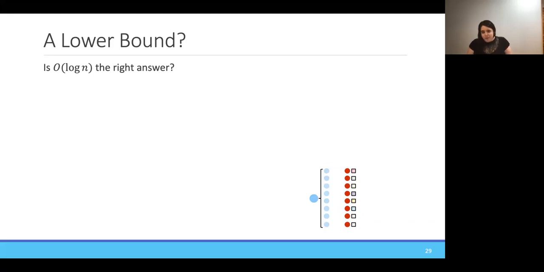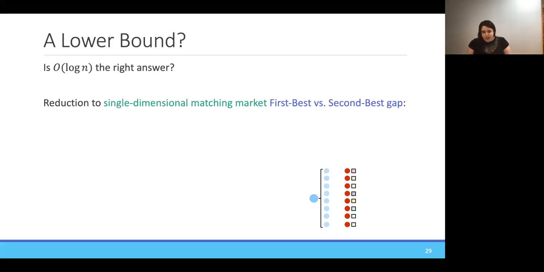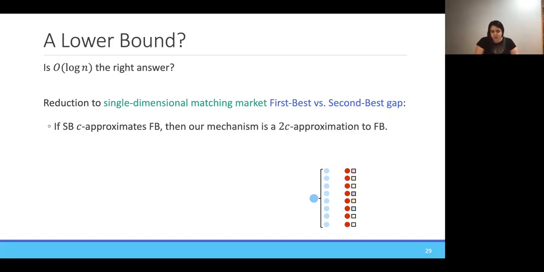I don't know, but the question of finding a lower bound for our mechanism reduces to solving the gap of first best versus second best in the single dimensional matching market. So we show a reduction that says, if second best gains from trade, C approximates first best in the single dimensional matching market, then our mechanism is a 2C approximation to first best gains from trade.